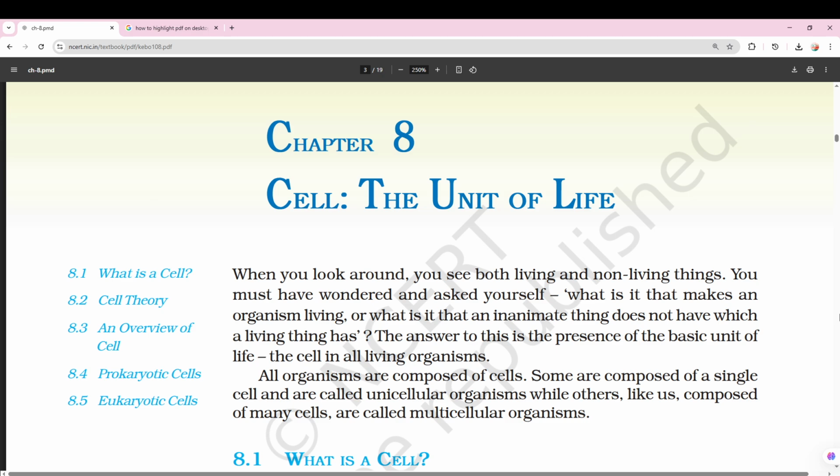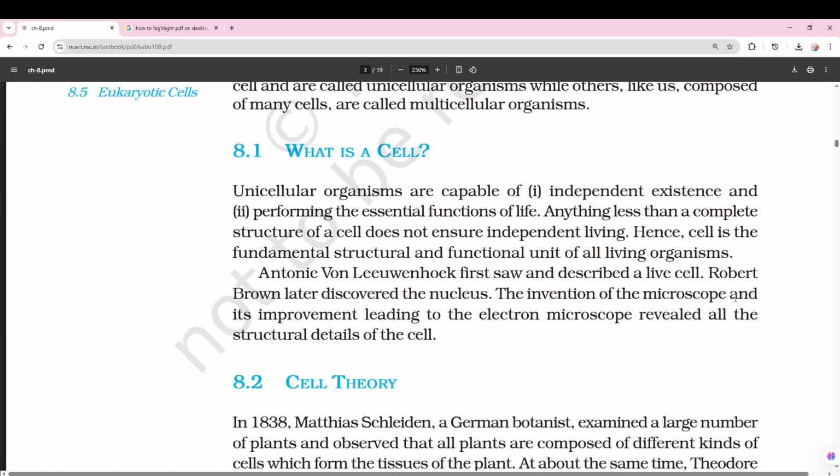All organisms are composed of cells. Some are composed of a single cell and are called unicellular organisms, while others, like us, composed of many cells, are called multicellular organisms. But what is a cell?